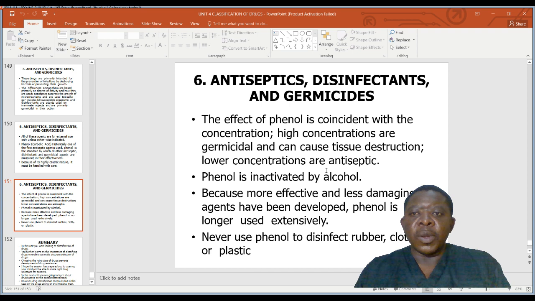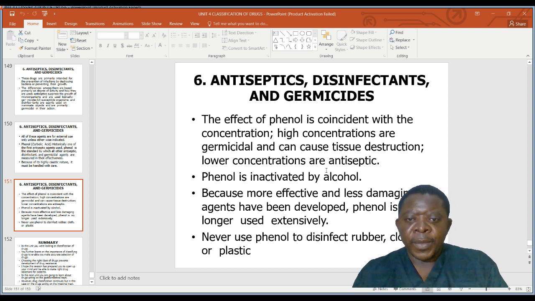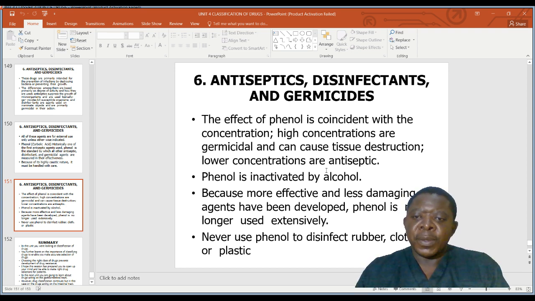High concentrations are germicidal and can cause tissue destruction. Lower concentrations become antiseptic. Phenol is inactivated by alcohol. Because more effective and less damaging agents have been developed, phenol is no longer used extensively. Never use phenol to disinfect rubber, clothes, or plastic.